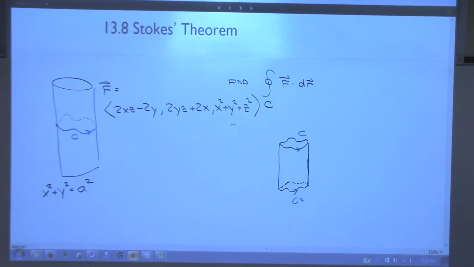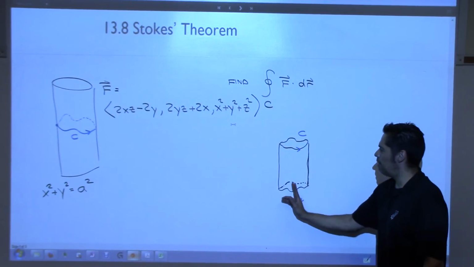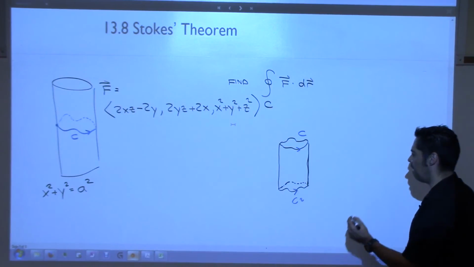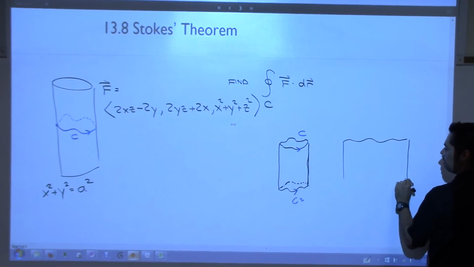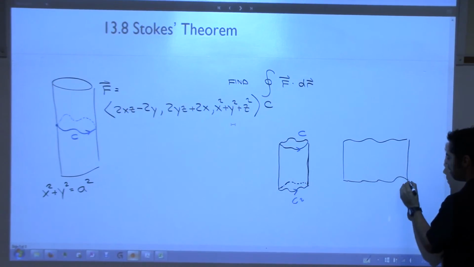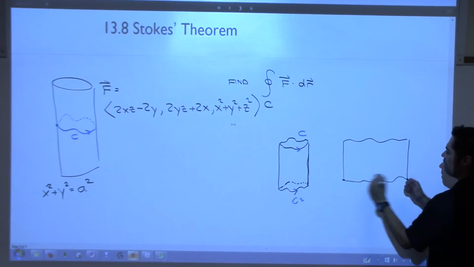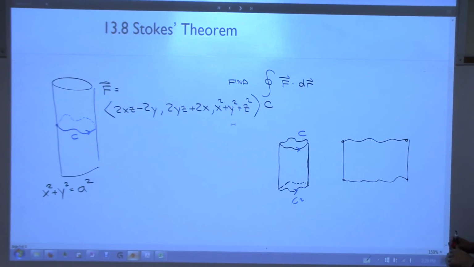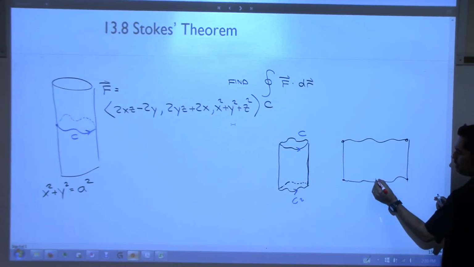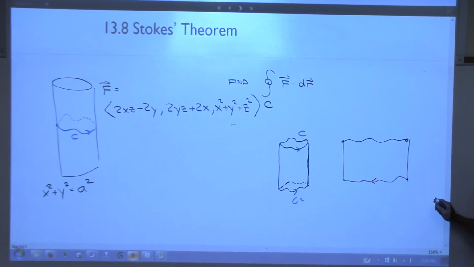Right? So let me do this. How about, imagine cutting this and opening it up. That might help. If I cut it and open it up like this. All right, let's say these 2 points come together, these 2 points come together, right? So which direction was C2 in? Is it this way, like this?